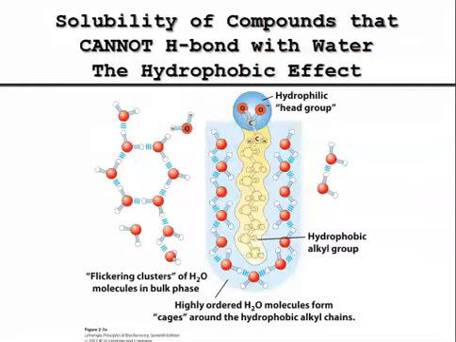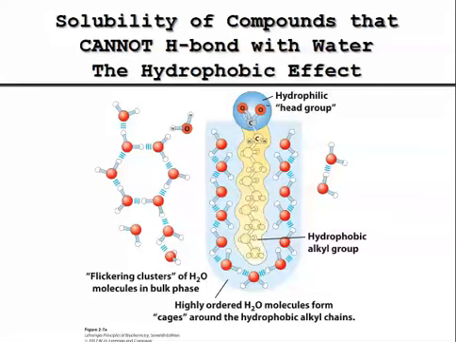Now, solubility of compounds that cannot hydrogen bond with water, the hydrophobic effect. So in the hydrophobic effect, what we're looking at is the lack of forming hydrogen bonds with solvent water.